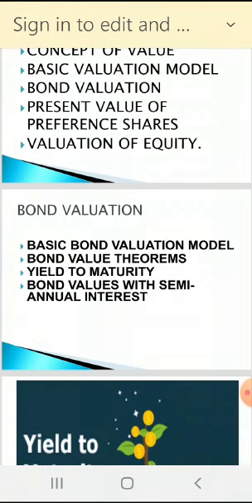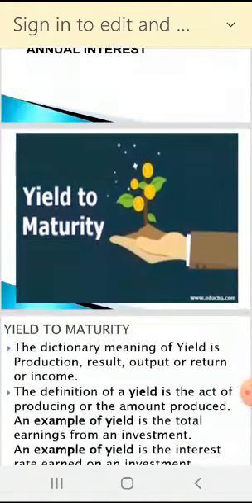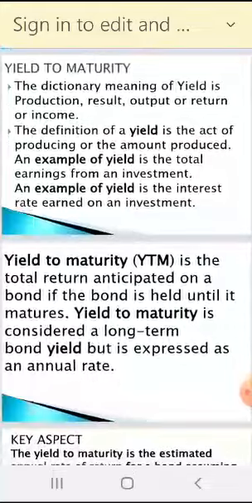1A, B, C and part number 2, and I gave you the best diagram. The premium and discount both are declining as the maturity period comes nearer; we discussed that in detail. Also we discussed yield to maturity.